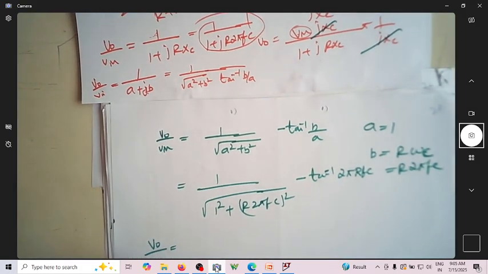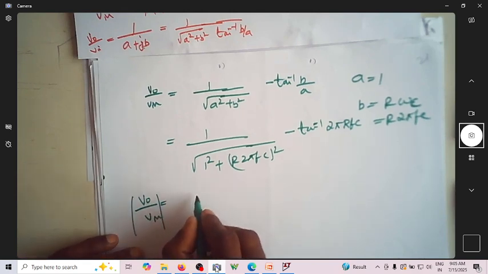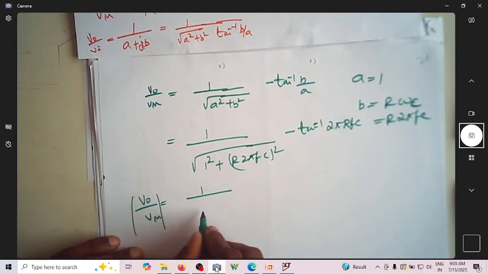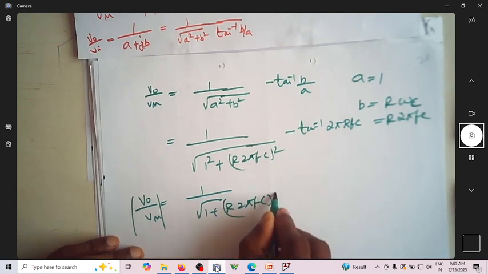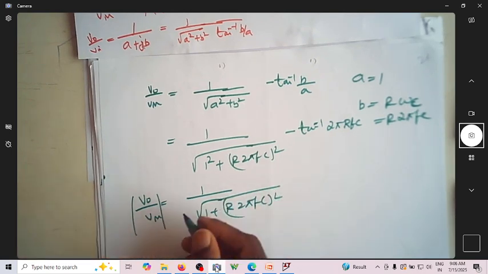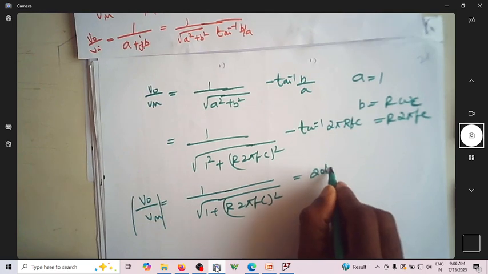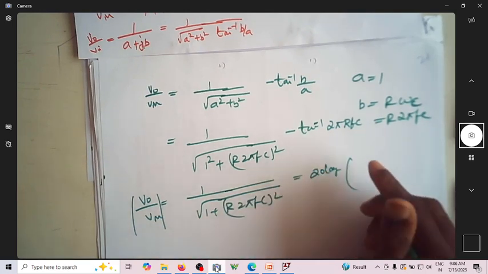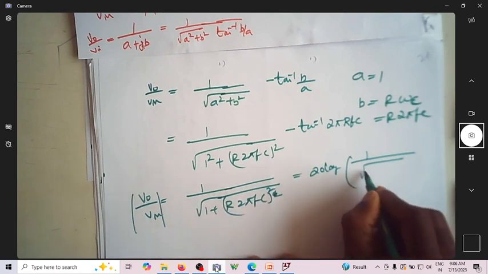So V naught by V in has a magnitude of 1 over the root of 1 plus (2 pi f R C) whole square. If you want to get this in dBs, it is 20 log of this quantity.